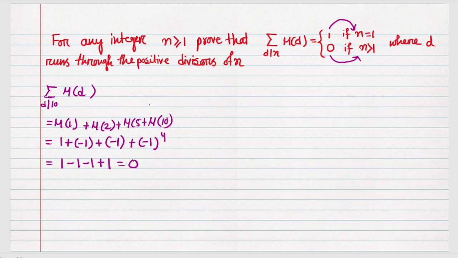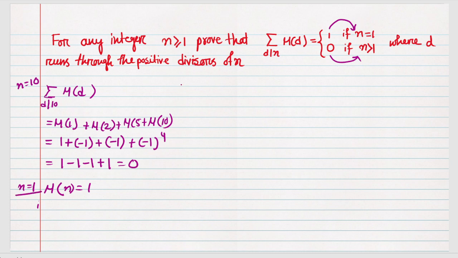So it satisfies our property that for any n greater than 1, here we take n equals 10, the value is 0. And we already know by our definition that for n equals 1, the mu value of 1 is always equal to 1.